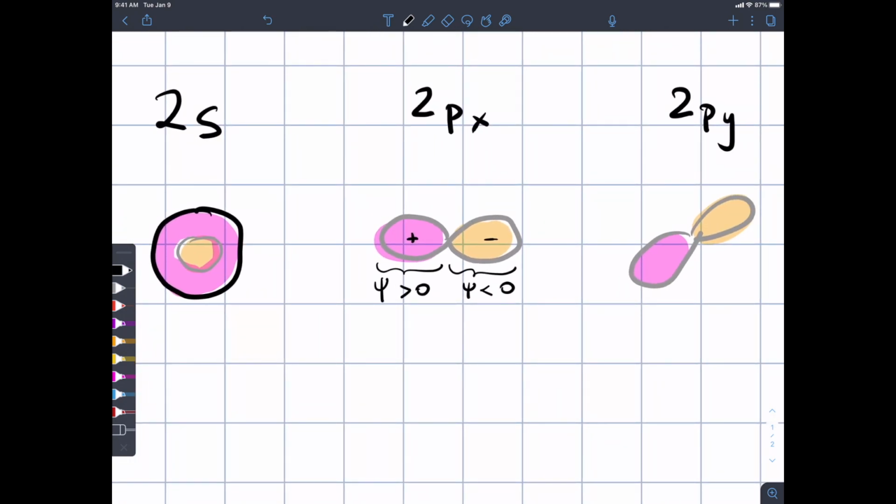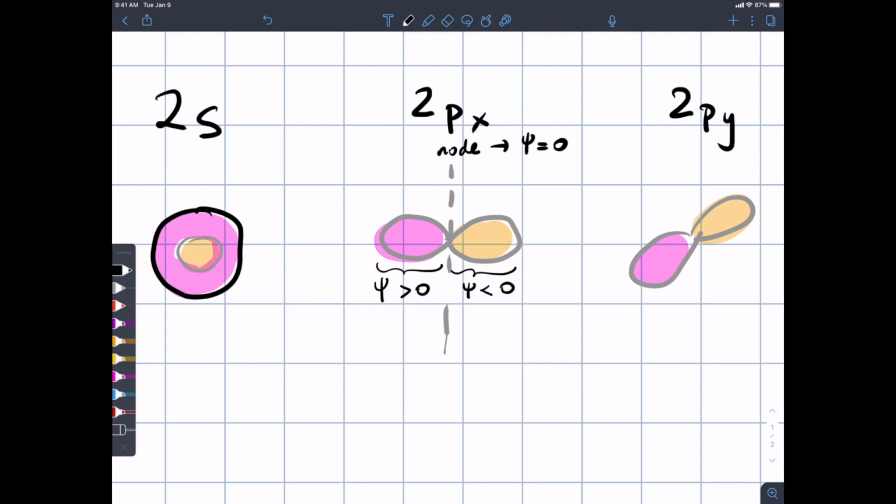So for the 2px orbital, there is a node. It's actually a nodal plane. I'm not sure how to draw this, so we're just looking at the x orbital on its side. There is a node here, and the node indicates a place where the wave function goes to 0.